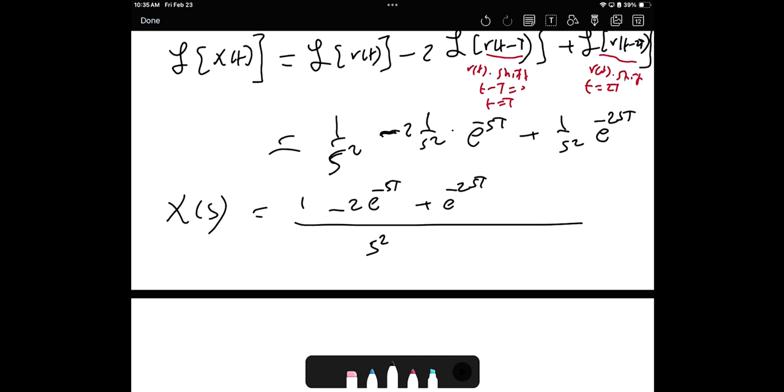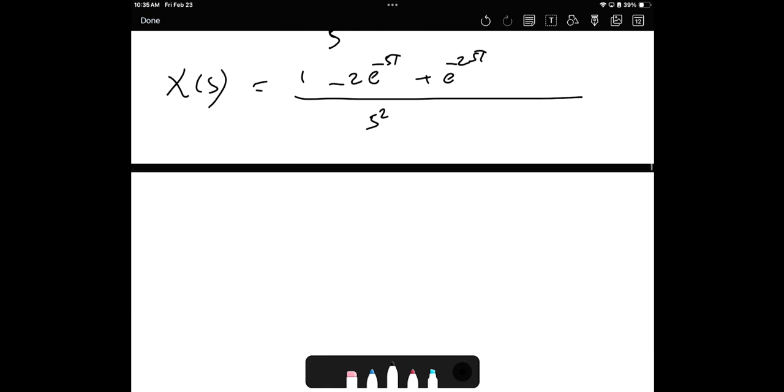But now let's go to another property, then we'll go to the convolution. There's a property that's called frequency differentiation.